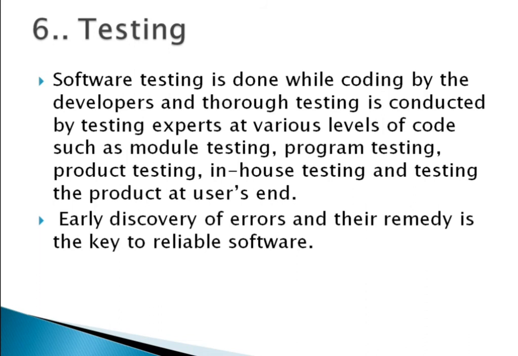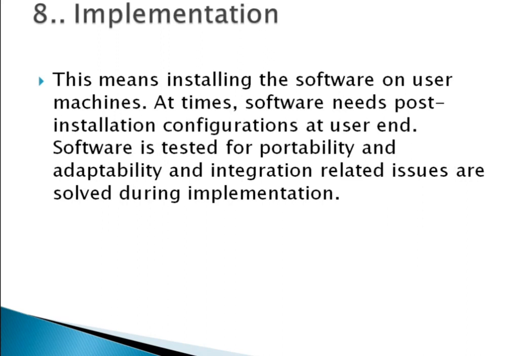While developing the software, we also test whether the software is going in the right direction or not. Early discovery of errors and their remedy is the key to reliable software. When we identify errors early, we fix them at an early stage without losing time and costs.